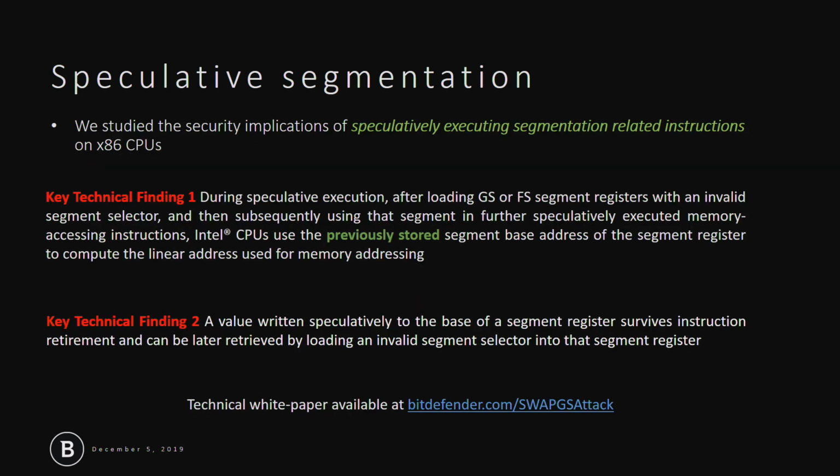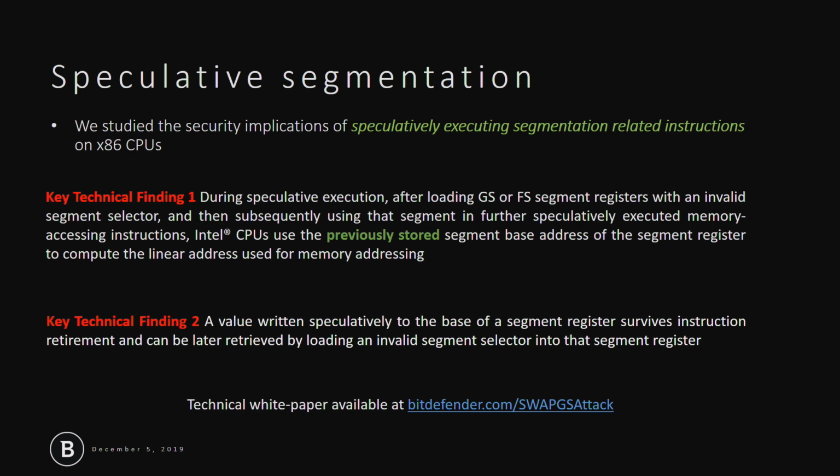We studied the security implications of speculatively executing segmentation-related instructions on Intel x86 CPUs. So we have two key technical findings. The first one is that during speculative execution, after loading the GS or FS segment registers with an invalid segment selector, and then subsequently using that segment in further speculatively executed memory access instructions, Intel CPUs use the previously stored segment base address of the segment register to compute the linear address used for memory addressing.